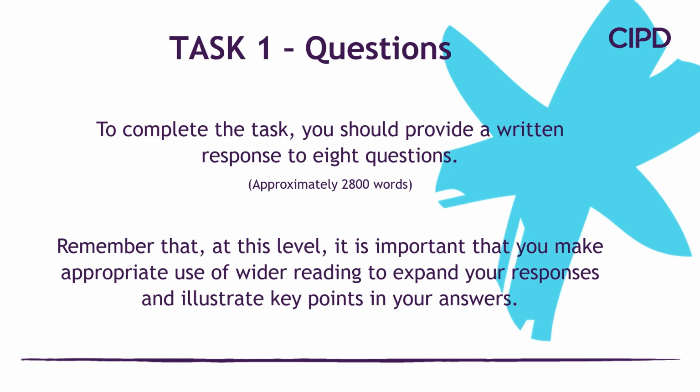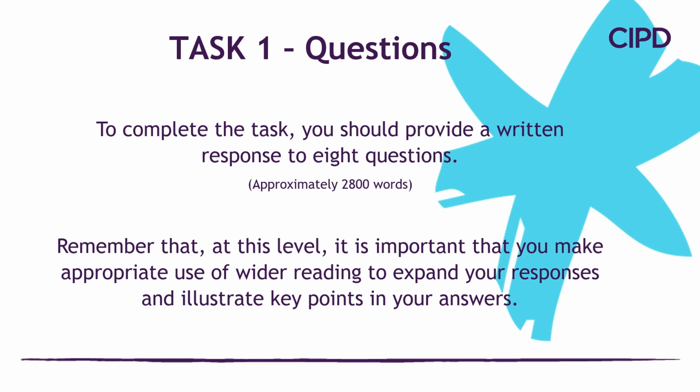That doesn't necessarily mean that you have to apportion those words equally. Some of the questions might require a longer response than others, so think about them before you start. Look over the questions, decide how you want to respond to them. You might get an idea of where you're going to do a longer response and where you're going to perhaps do a more brief response.